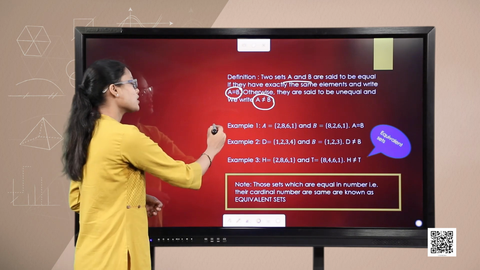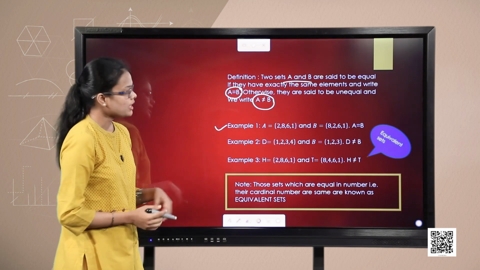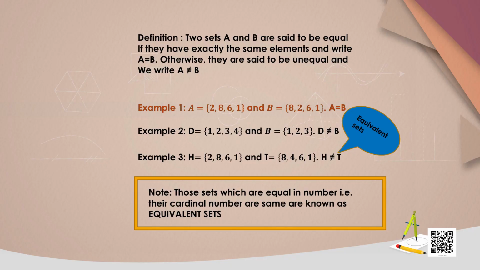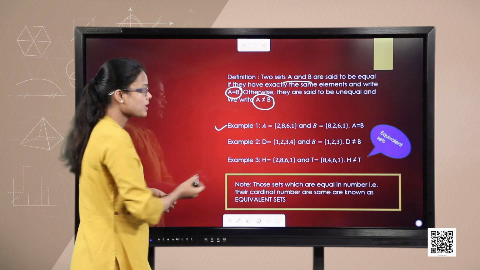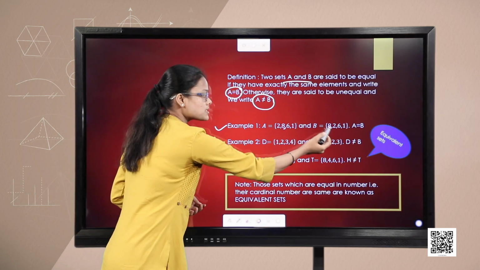Let us take example number 1. In this example, you may see that A consists of 4 elements, 2, 8, 6 and 1. B also consists of 4 elements, 8, 2, 6 and 1. Both sets are equal. Why? Because they have the same elements.